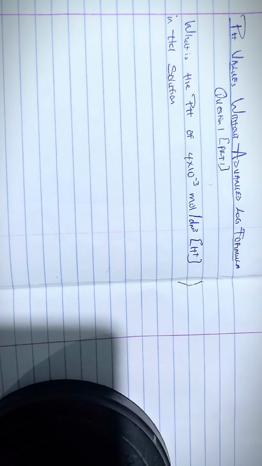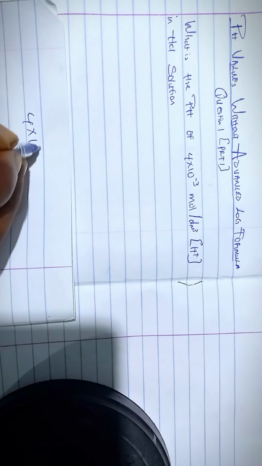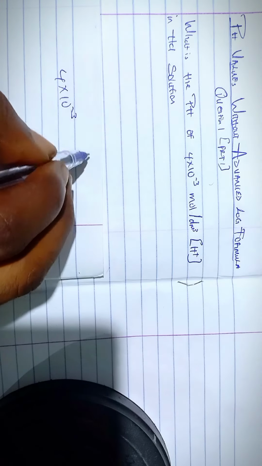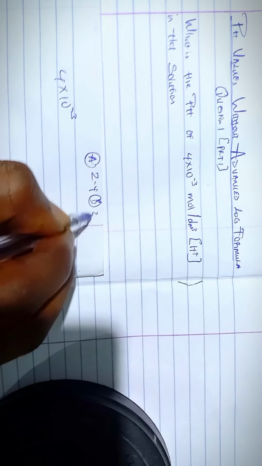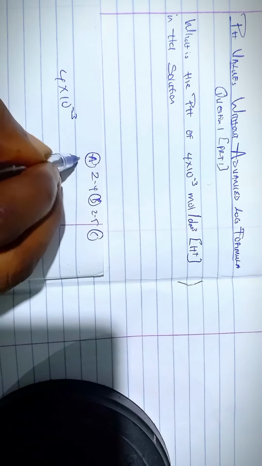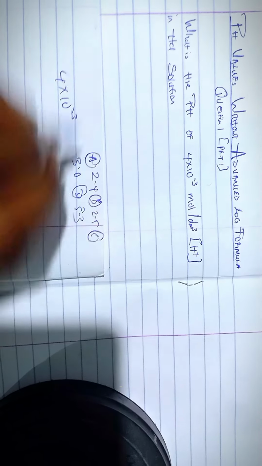So what do you do? Now look at this, guys. You are given 4 times 10 raised to the power minus 3, right? Maybe in the options you see something like A 2.4, B 2.5, C 3.0, D 5.3.